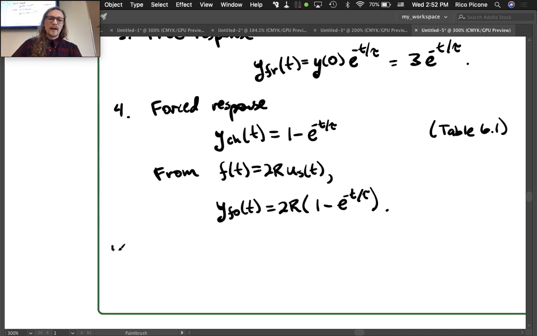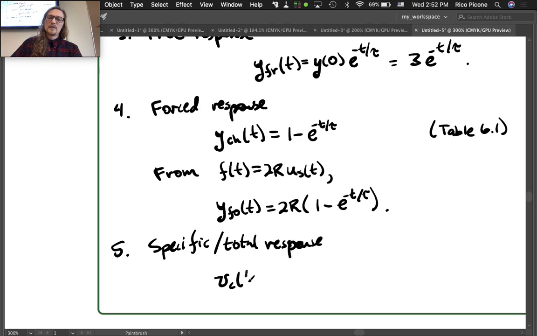And finally, step 5, we can say the specific or total response, which is VC of t or y of t, whichever you'd like to call it, equal to the sum of the free response and the forced response, right?